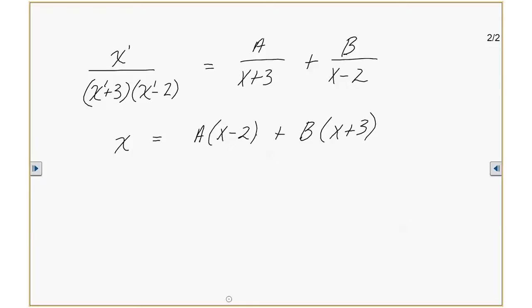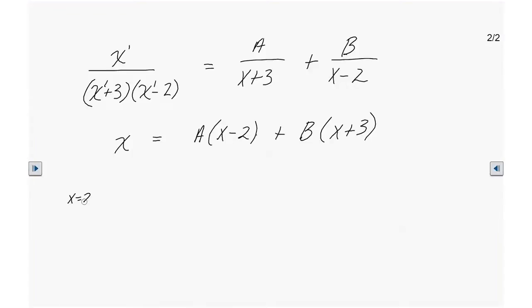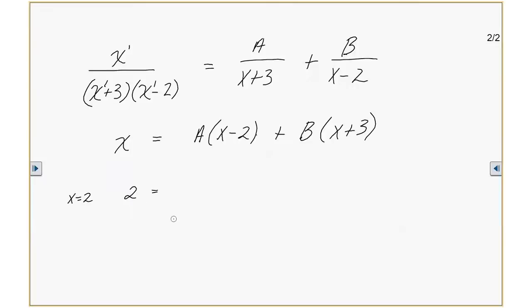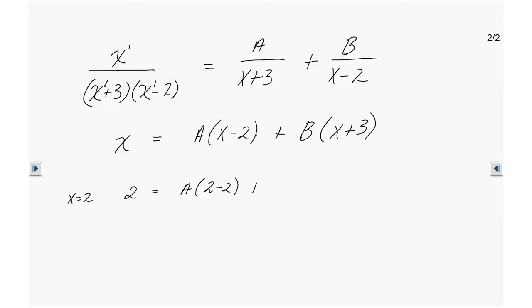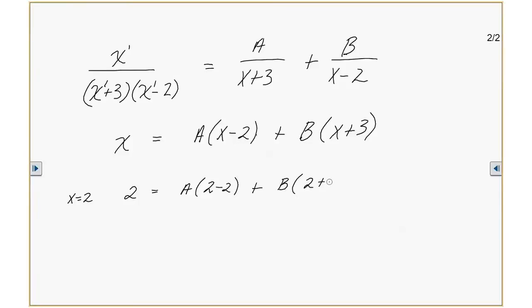So if I make x equal to 2, then I'm going to get 2 is equal to A times 2 minus 2 plus B times what? What happens?